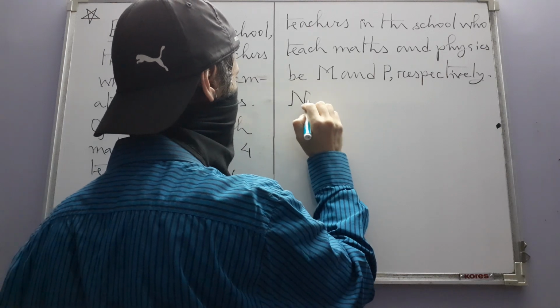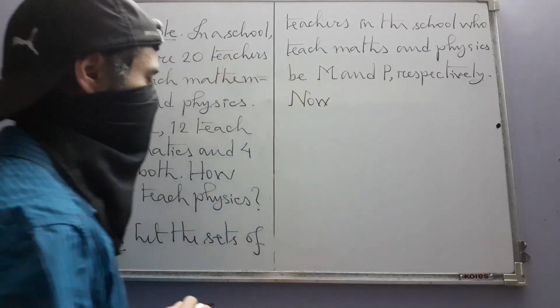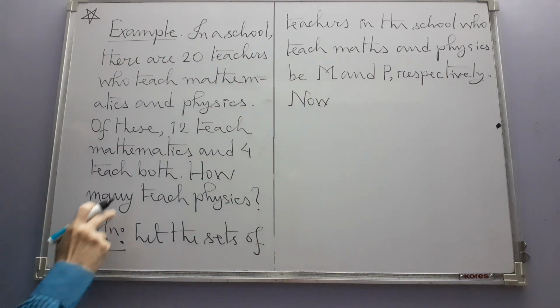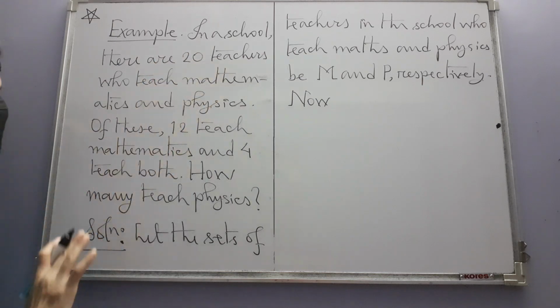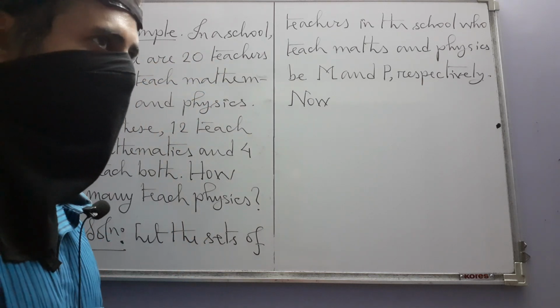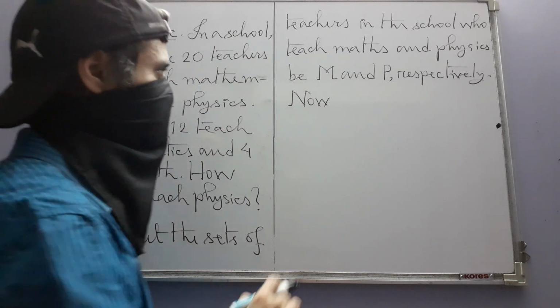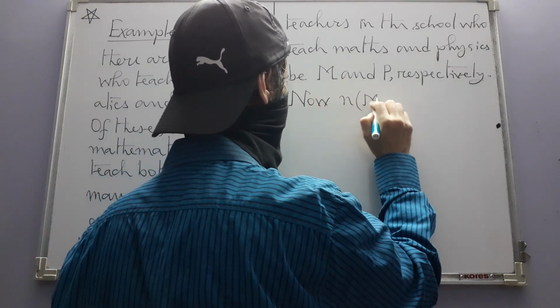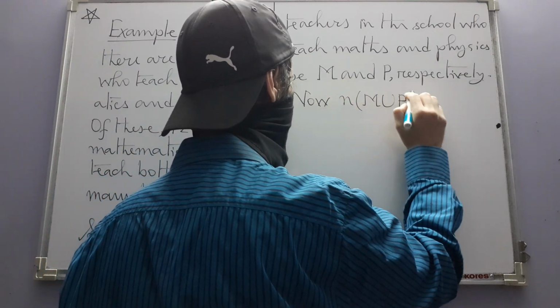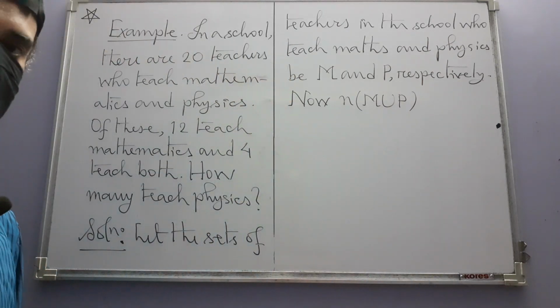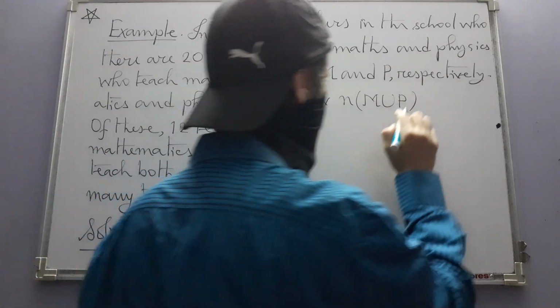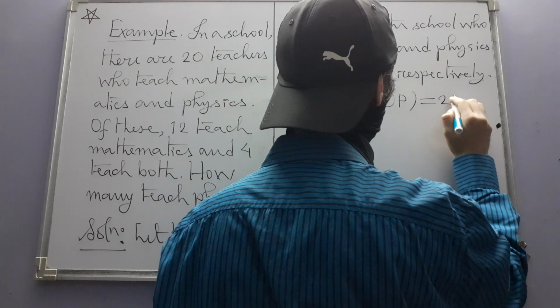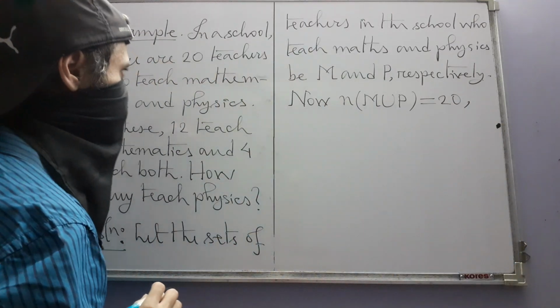Now, what are the things we are given? We are given that 20 teachers teach mathematics and physics. So that means the number of teachers who teach either maths or physics or both is 20. That means the union has size 20.